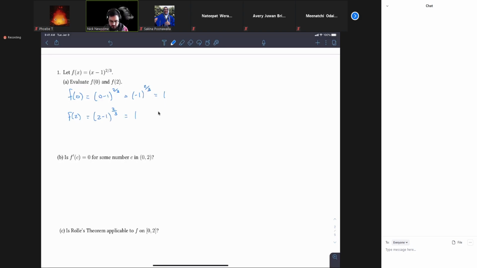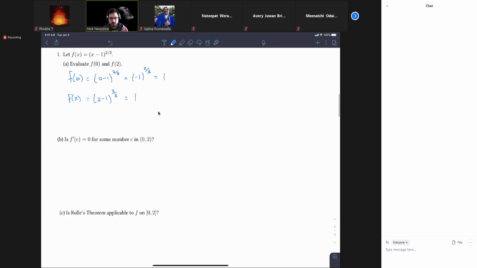Okay, part B. Is f prime of c equal to 0 for some number c in the interval 0 to 2? All right, so this is our intermediate value theorem. So the intermediate value theorem tells us, we talked about this last week, that if you have a function that spits out one number on one end, one number on the other end, then the function takes all values in between.